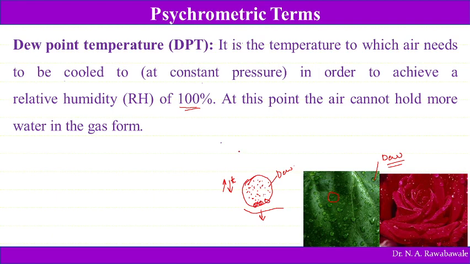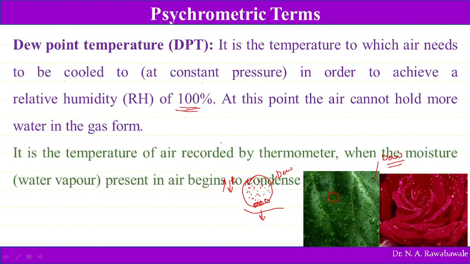In other words, it is the temperature at which the air becomes 100% relatively humid. It is the temperature of air recorded by a thermometer when the moisture, the water vapor present in air, begins to condense.